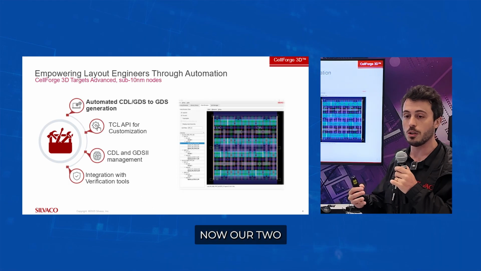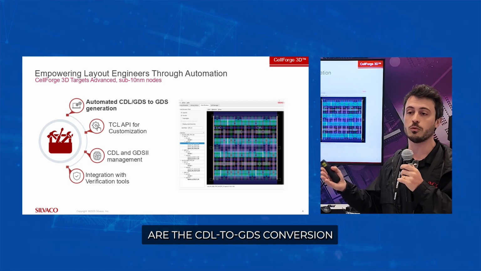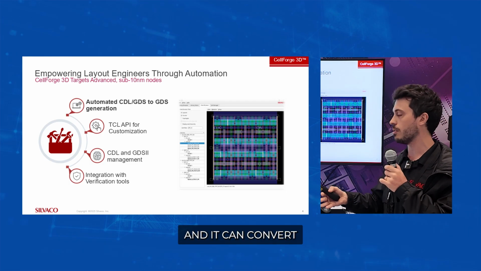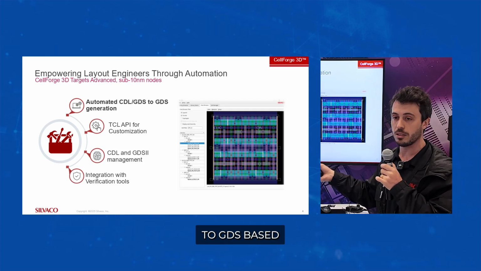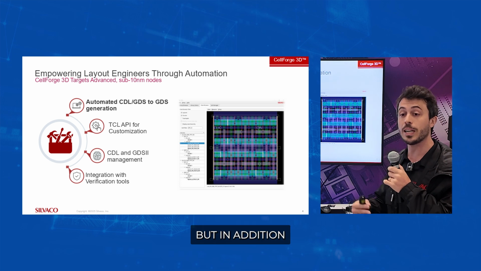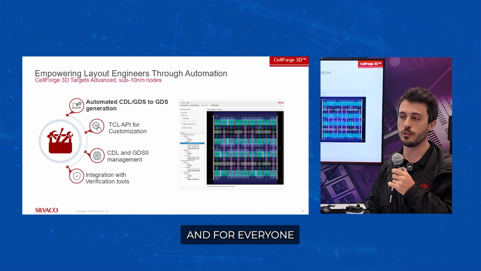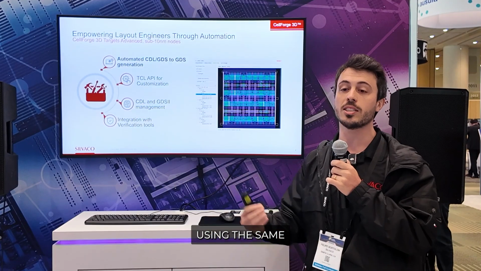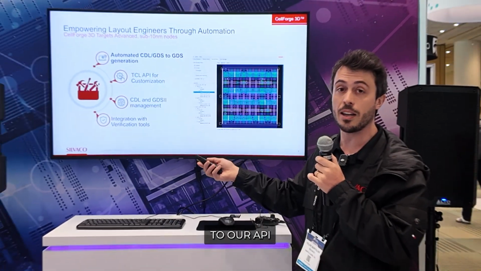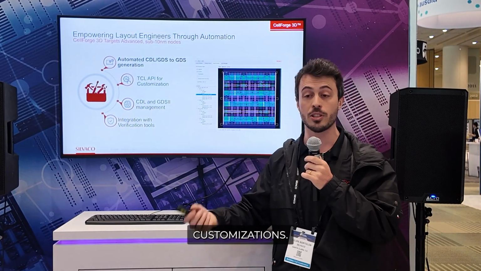Our tool's most interesting feature is the CDL to GDS conversion. You take a standard cell CDL and it converts automatically to GDS based on your user configurations and optimization parameters. In addition, we also offer a full environment for you to work in, with everyone on a single domain using the same scripting language and taking advantage of our API to explore your layouts, extract data, or even make customizations.